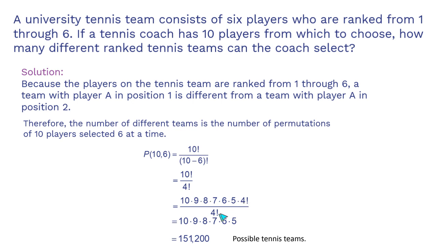And so the 4 factorial and the 4 factorial is equal to 1. All we have left is 10, 9, 8, 7, 6, and 5. If we multiply that out, then this is the number of possible tennis teams.